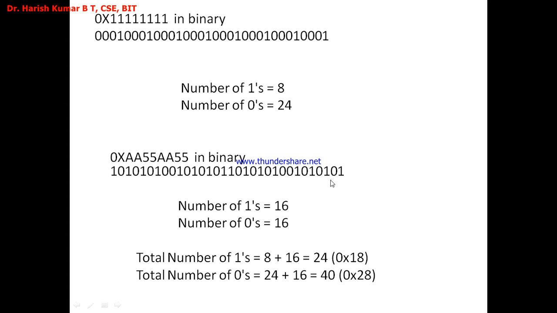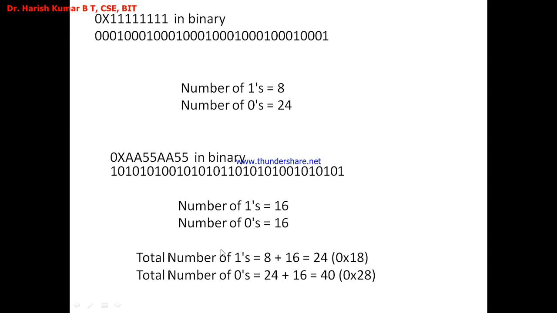Now this is the 32-bit binary equivalent for this hexadecimal number. We have 16 ones and 16 zeros in this. In total, if you count 1 2 3 4 5 6 7 8 9 10 11 12 13 14 15 16 ones, and similarly 16 zeros.